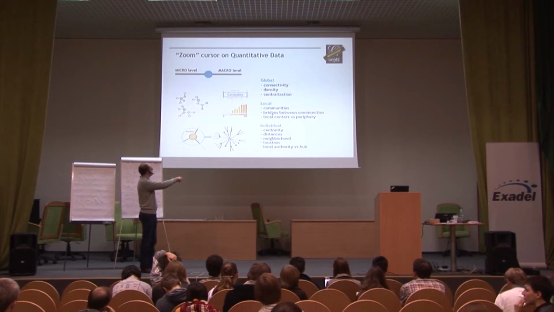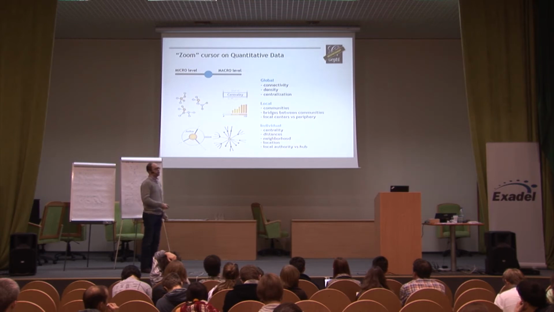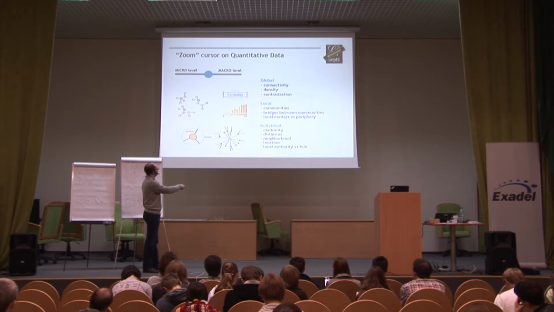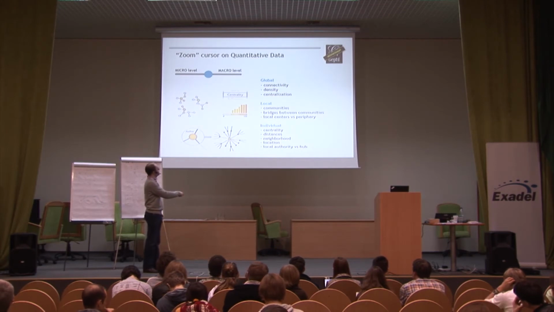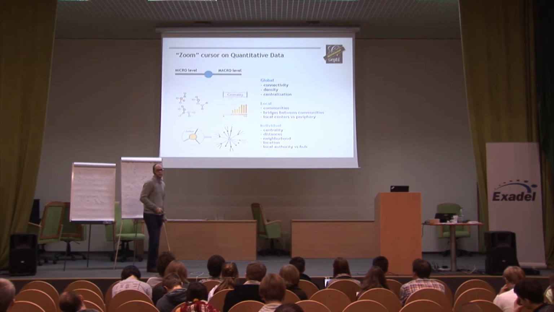And at the individual level, much more the focus of sociologists, you have good statistical techniques to identify central nodes or top-ranking nodes, or evaluate the distances between elements. Maybe just look at the neighborhood of a particular element.